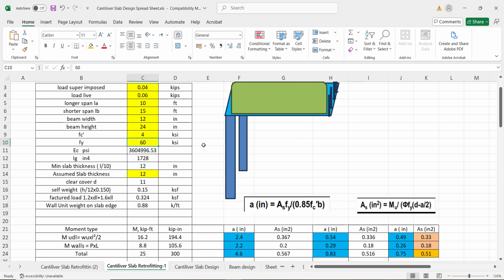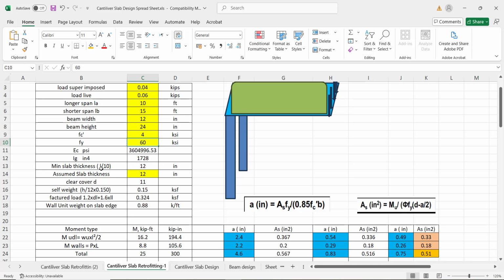The modulus of elasticity is calculated as 57,000 into the square root of FC prime. So this is the value. Then the gross moment of inertia. The minimum slab thickness required as per ACI is the length of the cantilever span divided by 10.